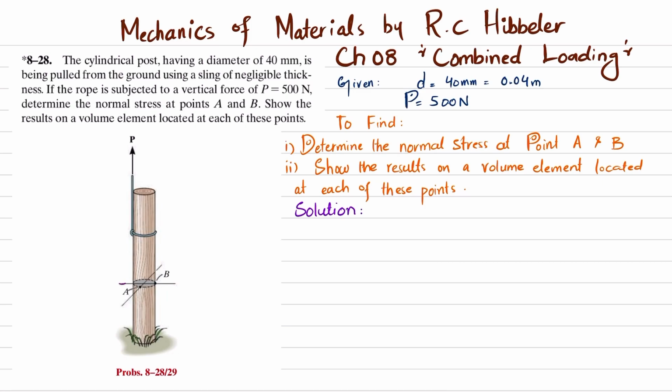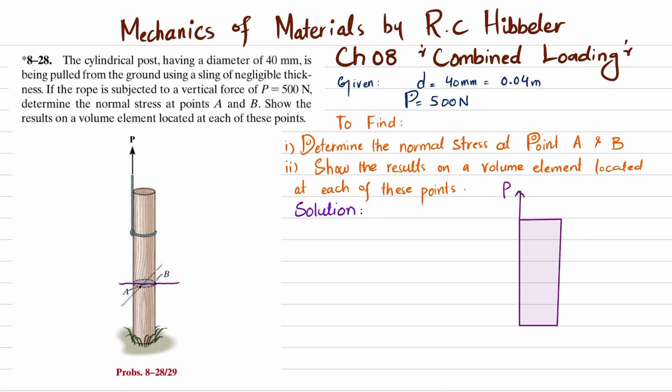So if you cut the post at this section and draw the free body diagram, it will be like this. This will be the post. Clear. There is a load of P at this end.